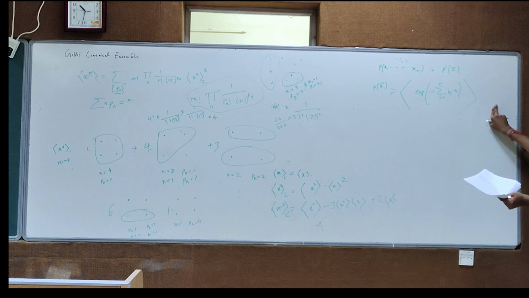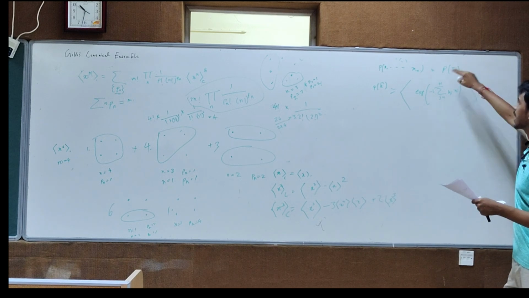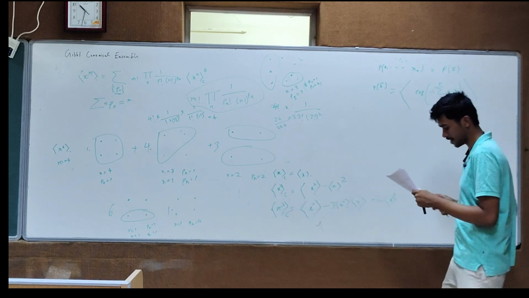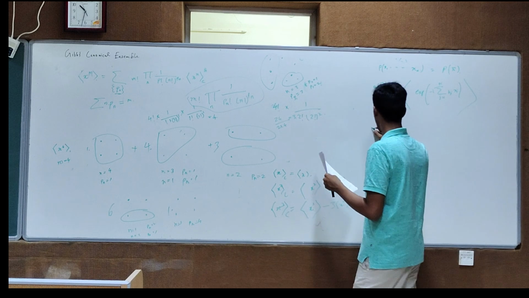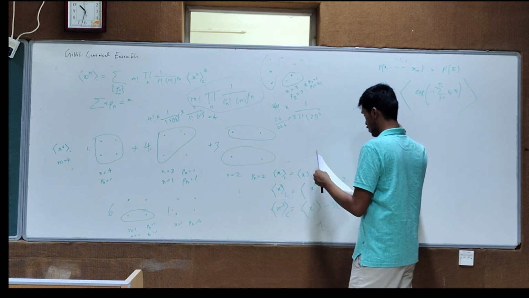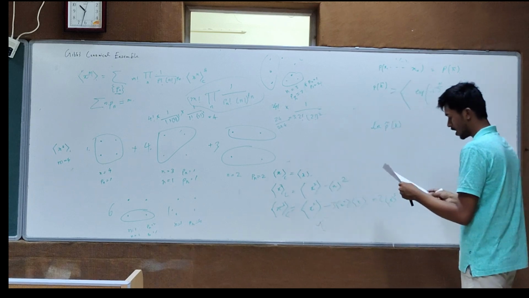So this is how you define the characteristic function for a joint probability distribution, and the joint cumulant function would be just the log of this characteristic function.